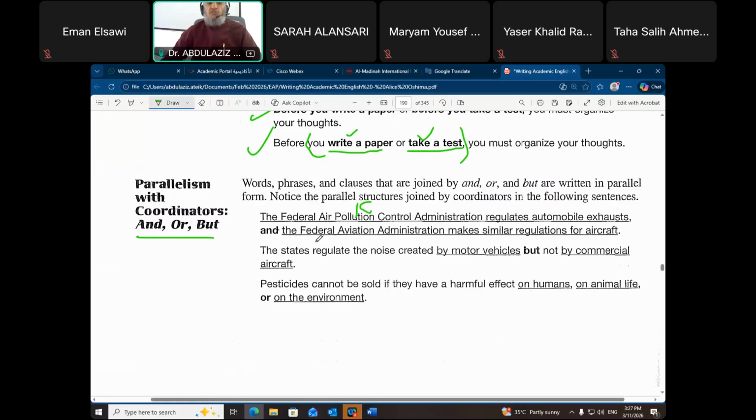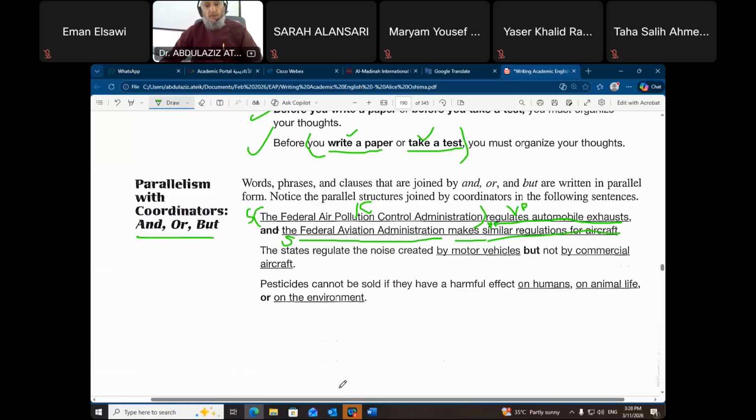The Federal Air Pollution Control Administration is the subject. Regulates is the verb. The Federal Aviation Administration is the subject. Makes is the verb. Regulates automobile exhaust, verb phrase. VP, VP.